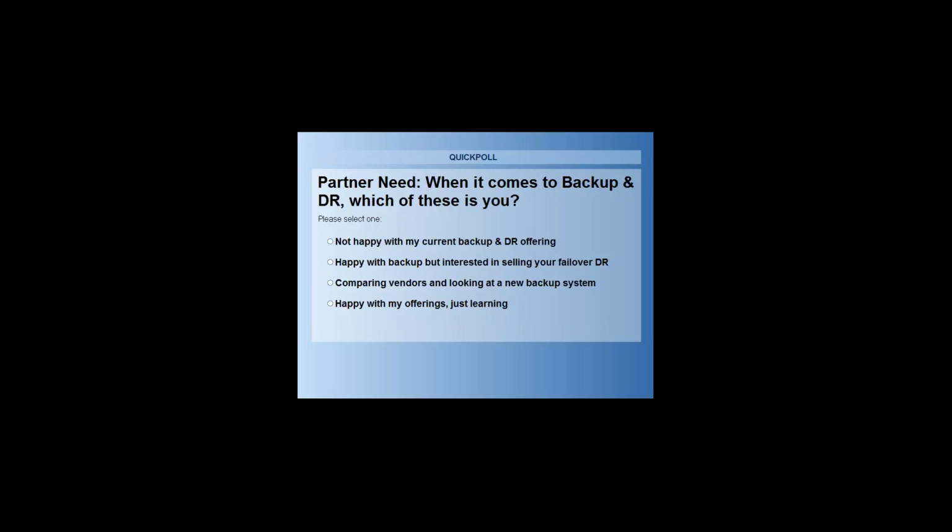Okay. Next question says, is this compatible with my WAN accelerators? So yeah, if you're looking at WAN acceleration or over-the-wire deduplication, just make sure that the replication speed is what you need.